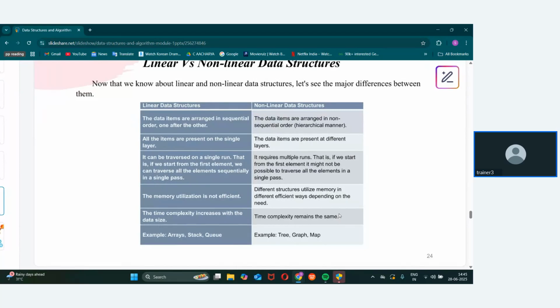These are some differences between linear and non-linear data structure.